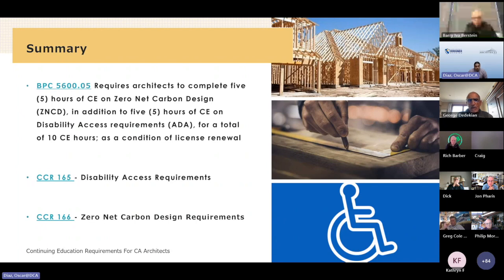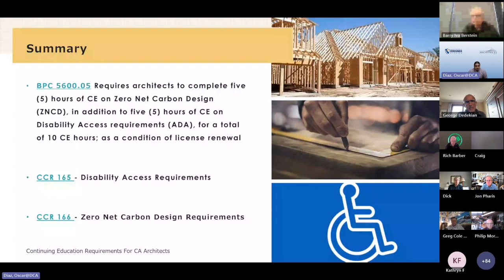And if we find, through the course of the audit, that the coursework was not completed prior to renewing your license, that is a violation, and you could face penalties, which nobody wants. We do not want to harm our architects by giving them any type of fines, but at the same time, we advise you to renew your license on time and to complete your continuing education prior to renewing your license.